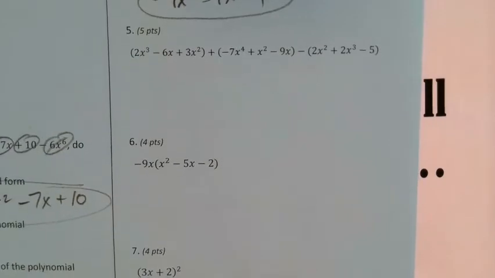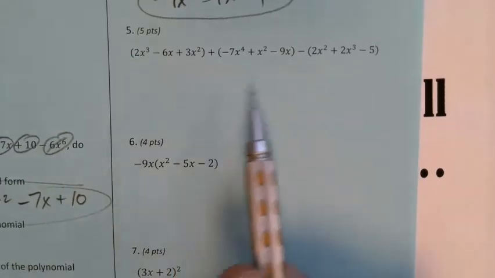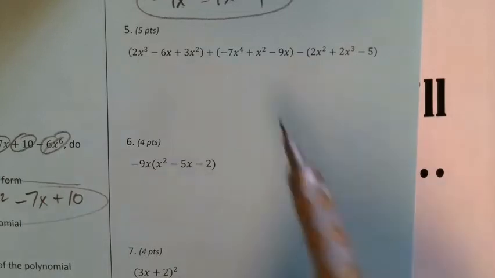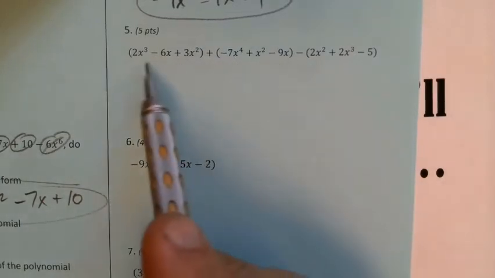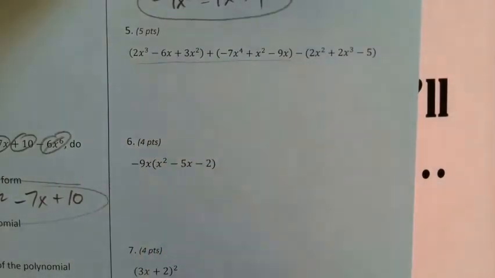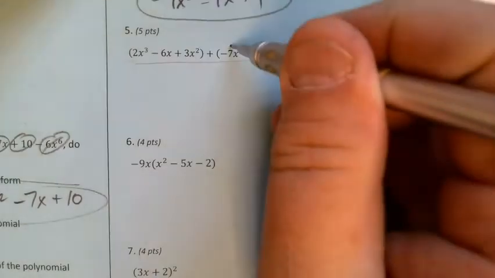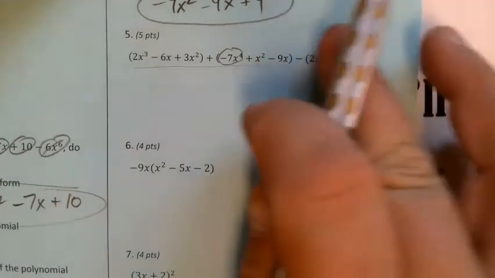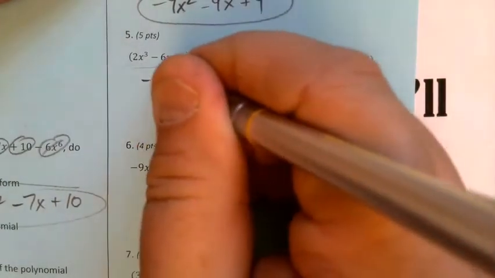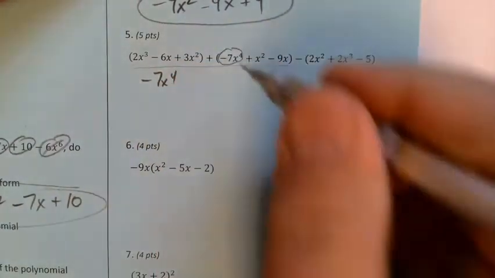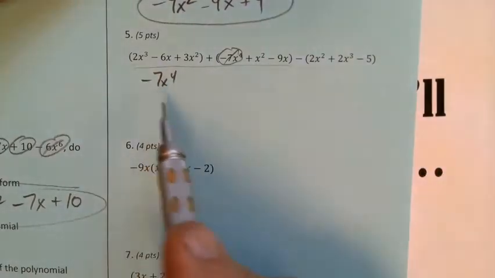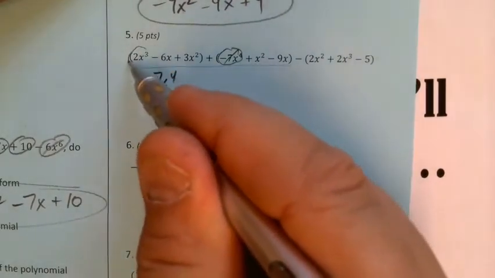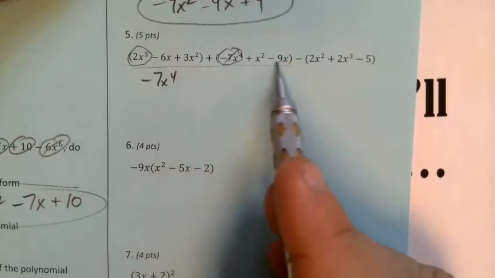Now this one has addition and subtraction. I'm just going to focus on the addition right now and combine these. The highest exponent is negative 7x to the fourth, and there's nothing like it here. I'm going to ignore this over here for a moment. So I have negative 7x to the fourth. Now we're looking for any cubes: there's 2x cubed, and there's nothing else like that.